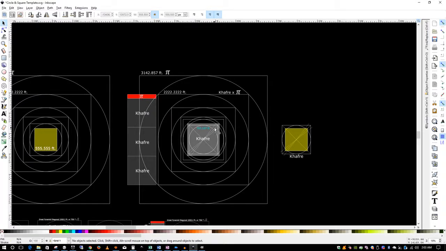Okay, so if we are dealing with the side length of Coffray, the diagonal is 1,000, and so if we take the square root of 2 of that, then we get the 785 number, and then of course we take the square root of 2 of that and we get this 555.